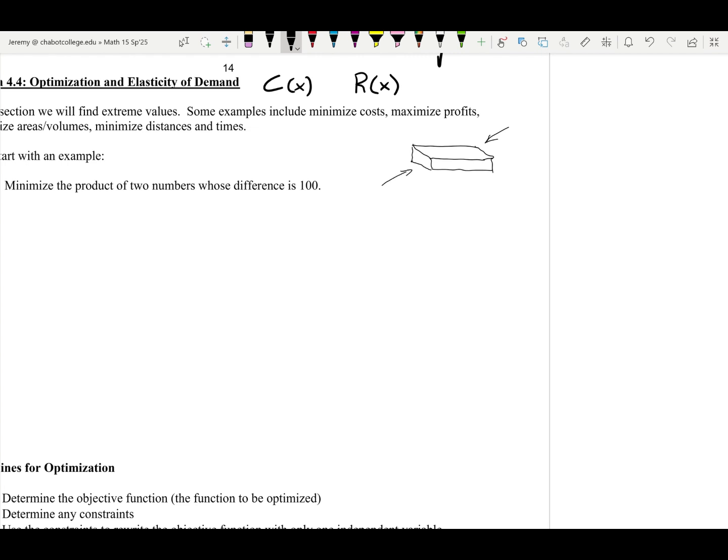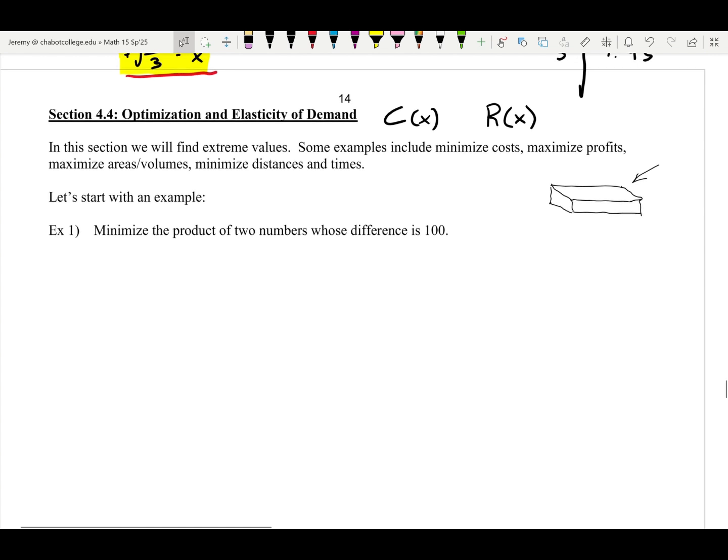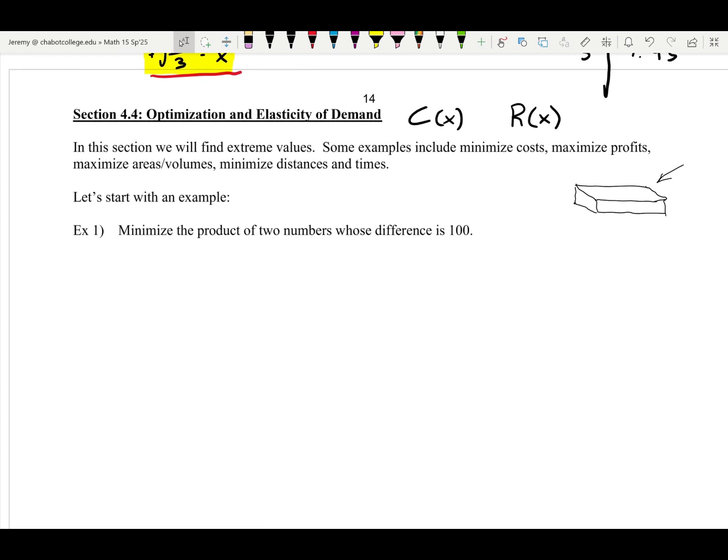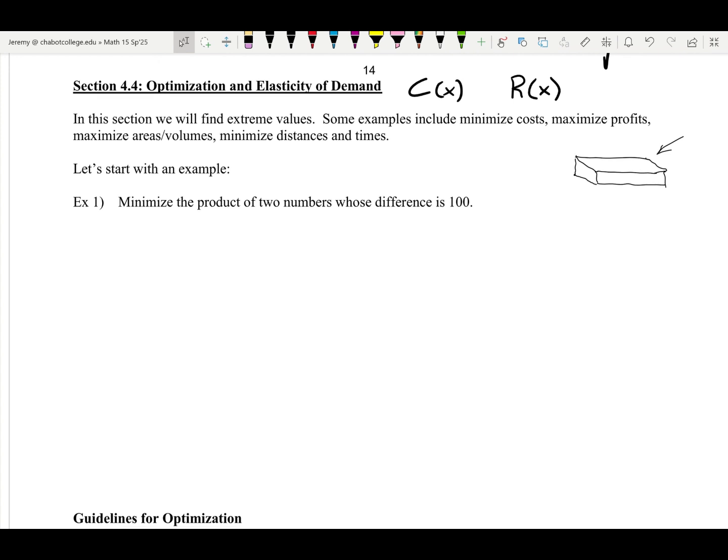So you'll want to minimize the surface area. So with optimization, there are a lot of different ways in which we would apply what we know about derivatives to help solve problems or, in business applications, run things more efficiently.